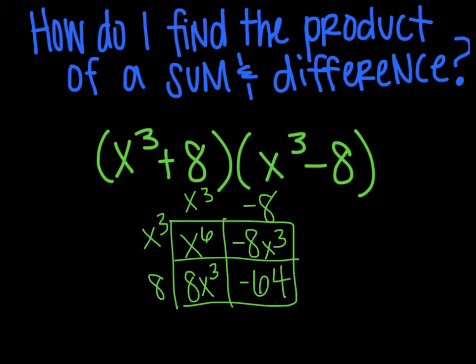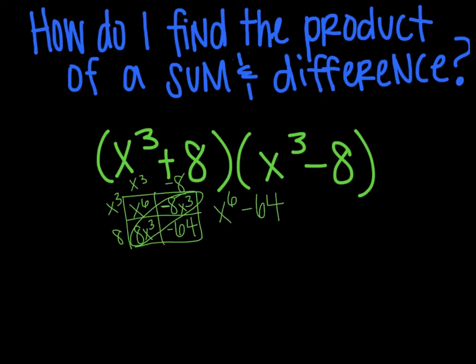And when you do this, it shows you nicely what happens. If you look at your diagonals here for like terms, they actually end up canceling each other out. And that's going to happen in all of these situations. So really you're left with x to the 6 minus 64.